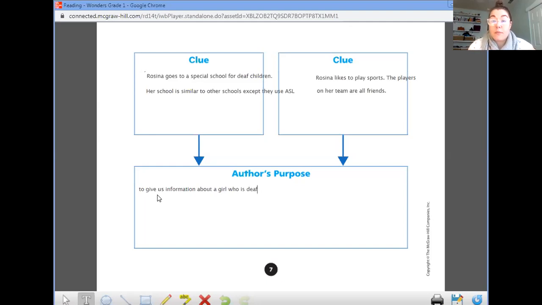She's not speaking with her mouth, she uses her hands. She doesn't go to a school like you and I would. She goes to a school where the teachers sign to communicate, not using their words. She goes to a special school.